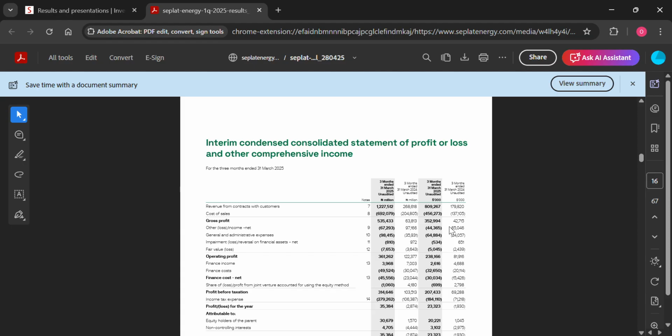Significant increase in cost of sales. So this alone shows that something must have happened. Probably they purchased new investments that make their revenue increase this significantly from 260 to 1.2.